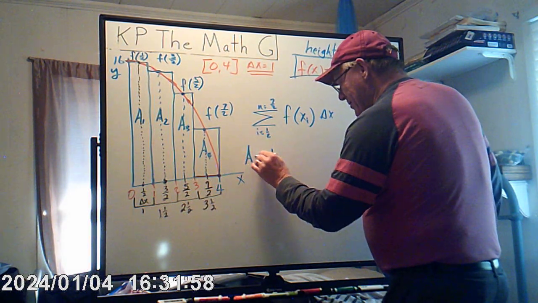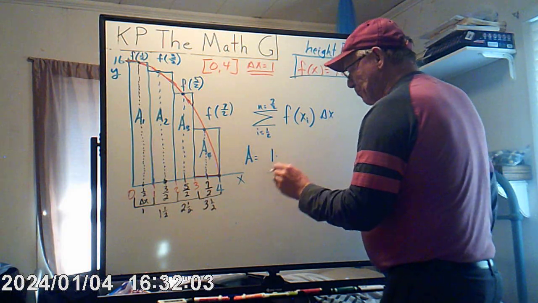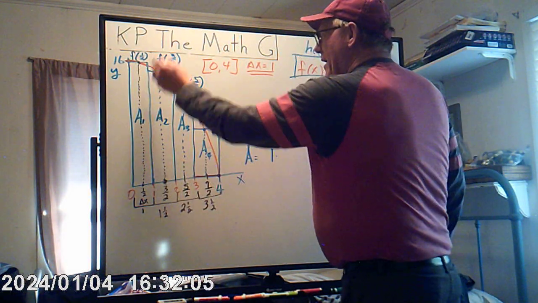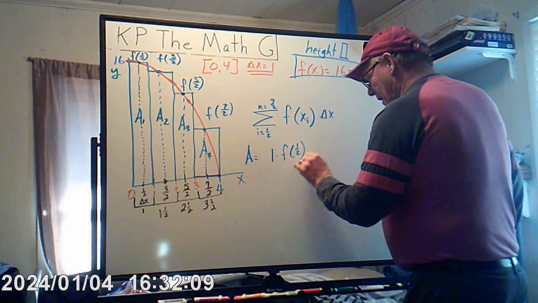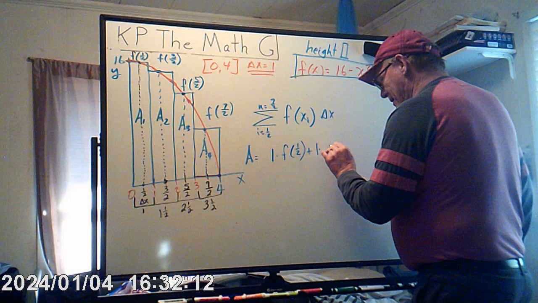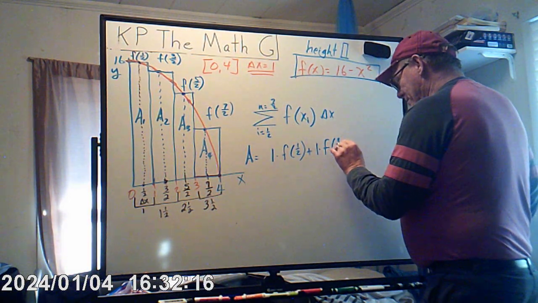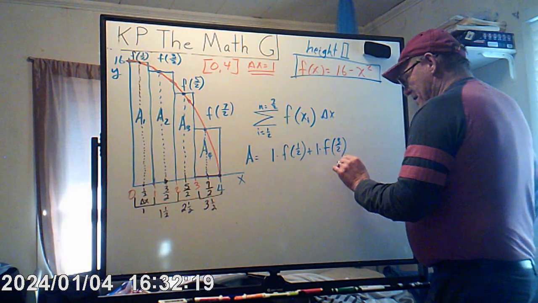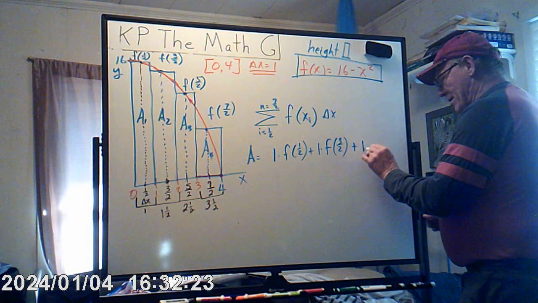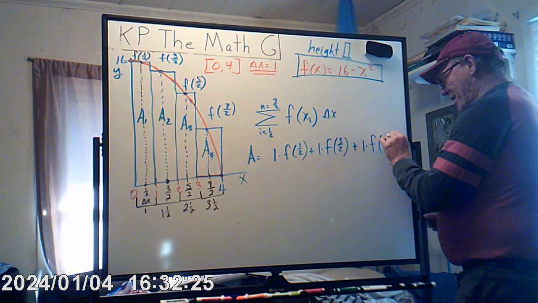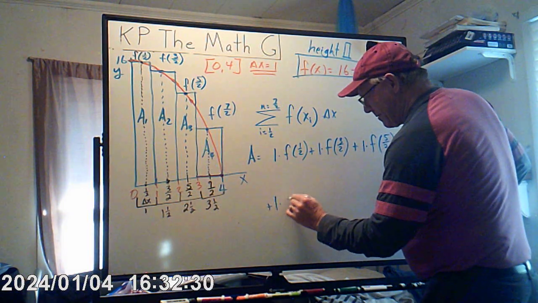Area is equal to 1 times f at 1 half, plus 1 times f at 3 halves, base times the height, plus 1 times f at 5/2, plus 1 times f at 7/2.